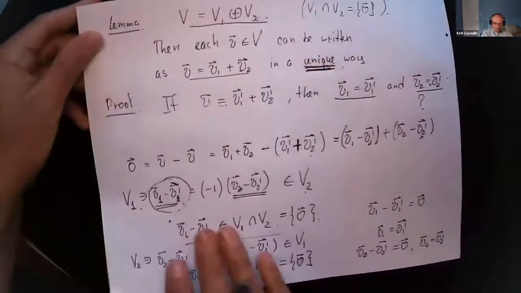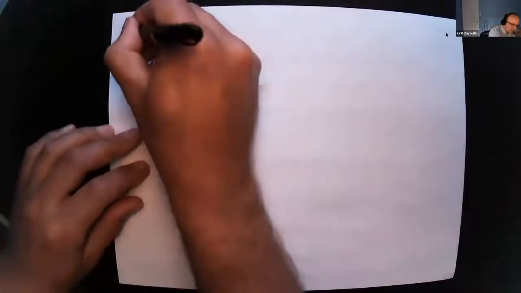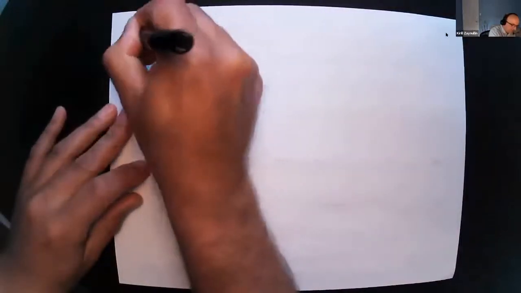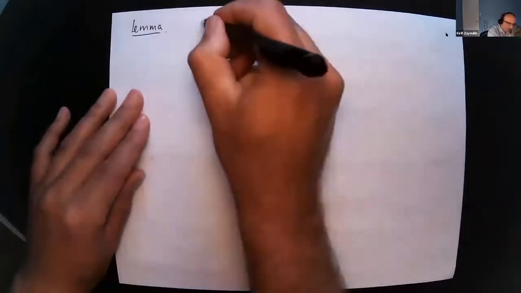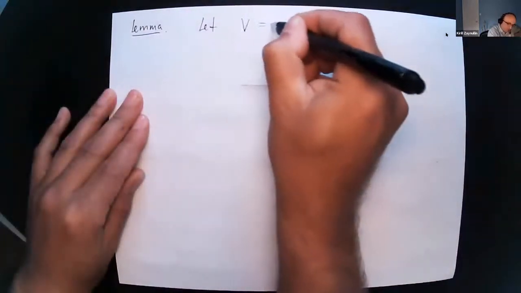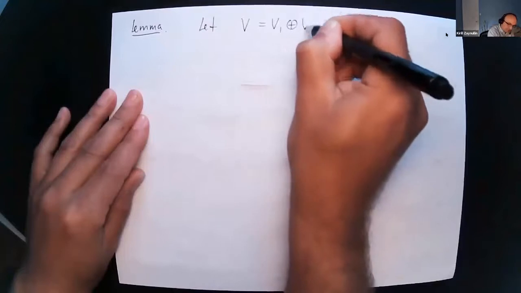Good, so now finally, suppose again that we have a direct sum of two vector spaces.